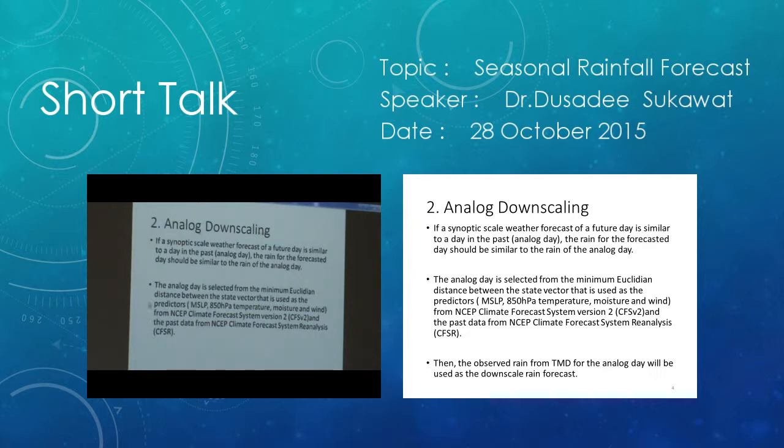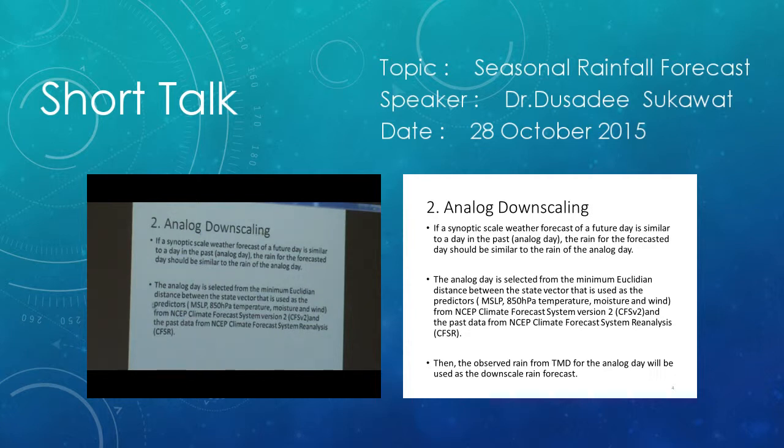The parameters I select as predictors for the analog forecast are the pressure, temperature, humidity, and wind at 850 hectopascals, which is about 1.5 kilometers from the surface of the Earth. And this is the forecast.